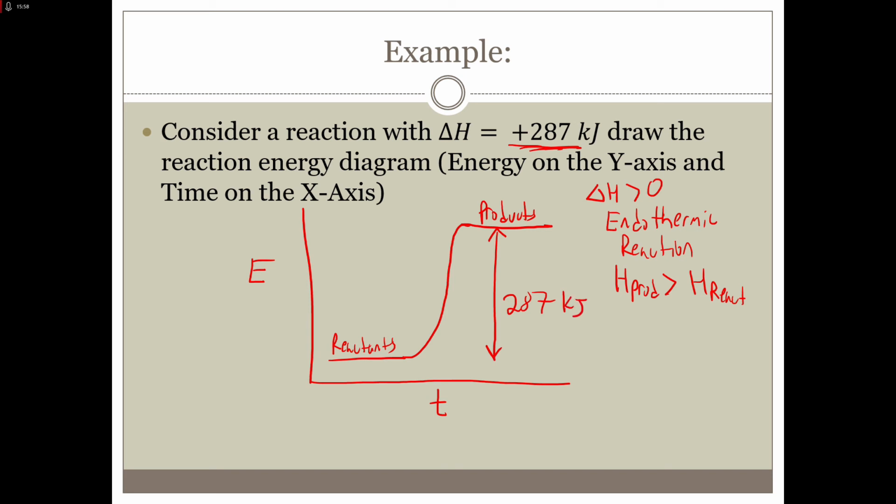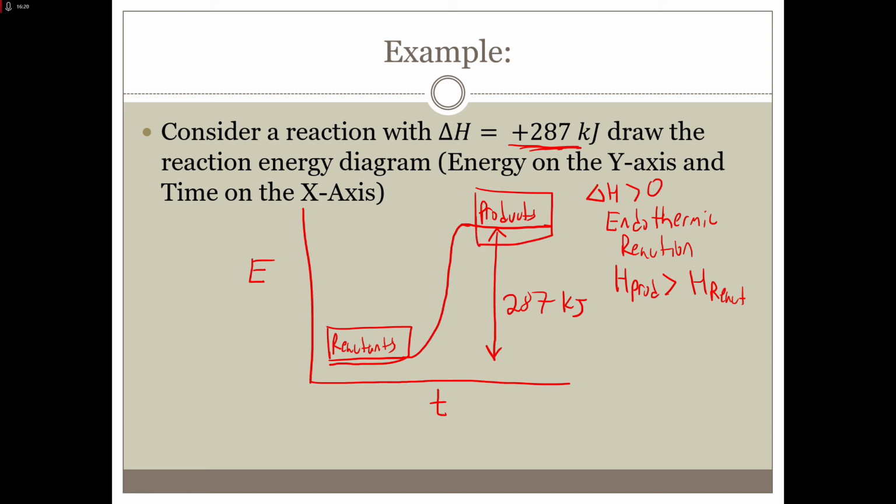That's how we should view this information: when we get a certain type of reaction, whether endothermic or exothermic, we just see how the energy of the reactants differs compared to the energy in the products.